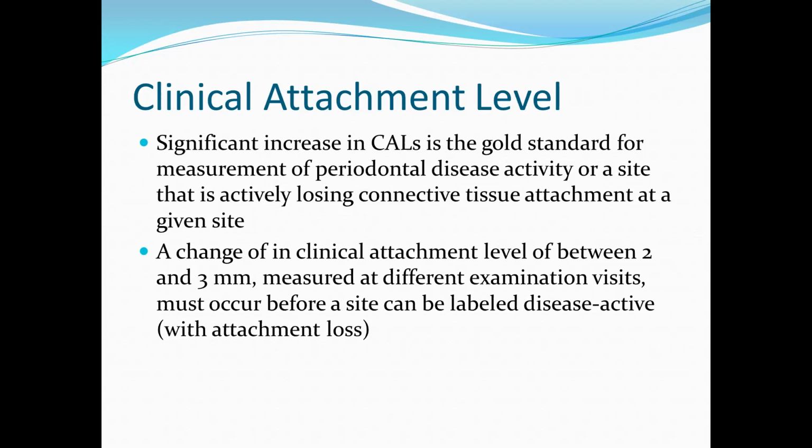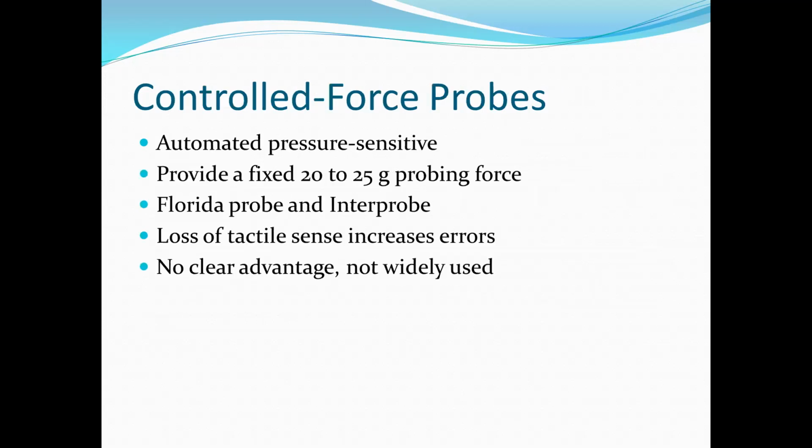Okay, that means they've got attachment loss. So it's got to be at least 2 millimeters, up to 3, because we give ourselves that plus or minus 1 millimeter each time we probe, from your probing to your probing again to your probing, or me going in and probing. Okay, that plus or minus 1 millimeter, it's got to be beyond that for it to be considered active.